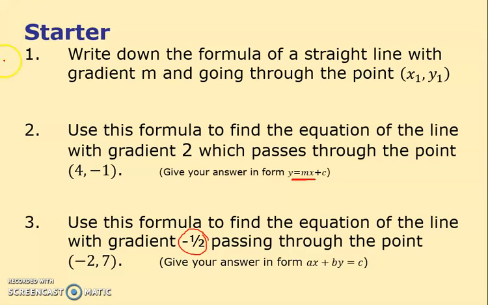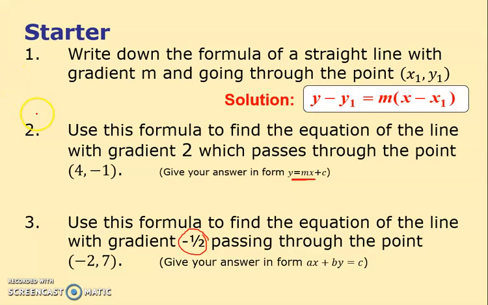So first of all, let's look at these. This formula that you were meant to know, y minus y1 equals m(x minus x1), is old stuff which we did at the beginning of Year 12, so you should be able to do that. If you substitute in, y minus minus 1, so that's y plus 1, equals m, that's 2, times (x minus 4), and then rearrange that.